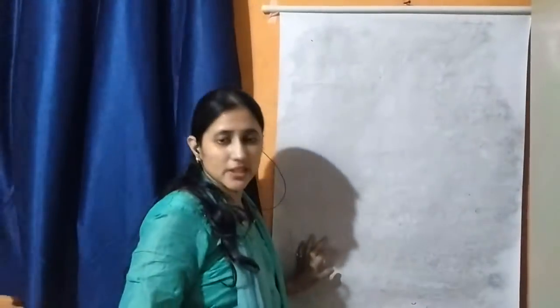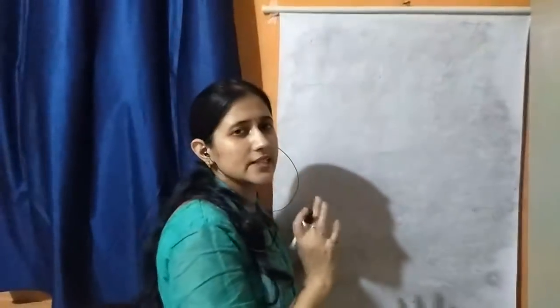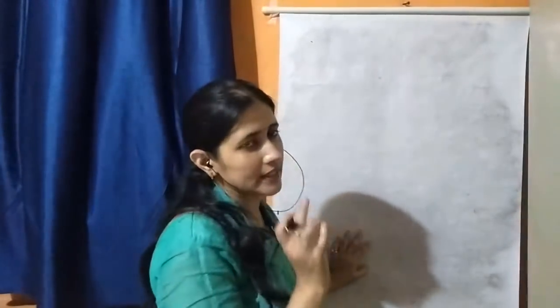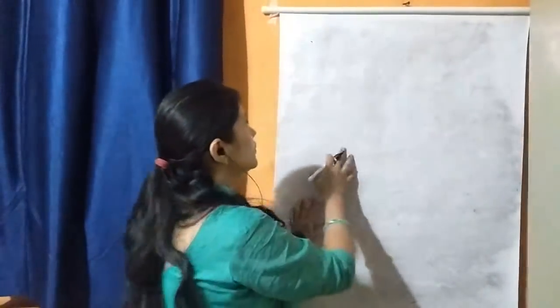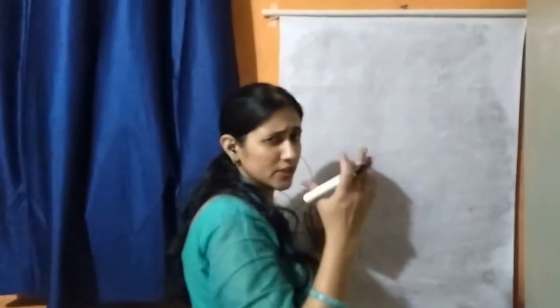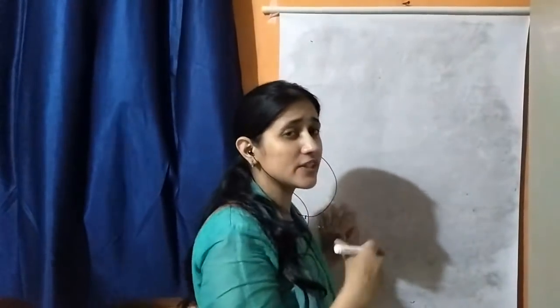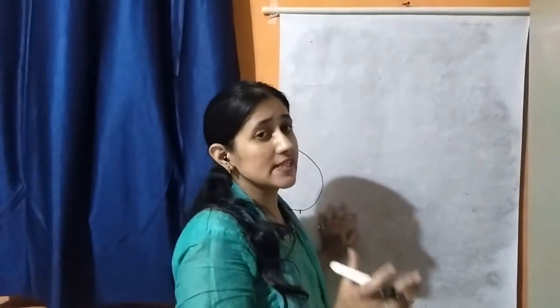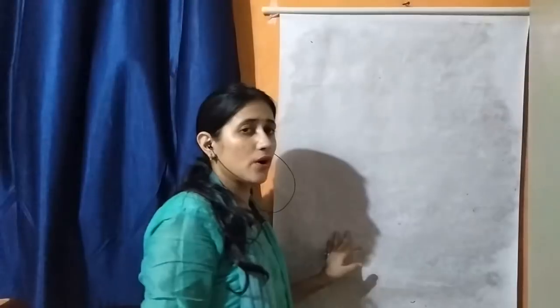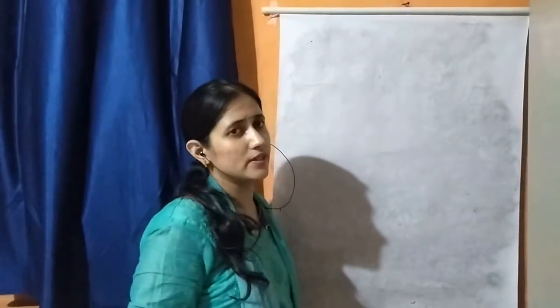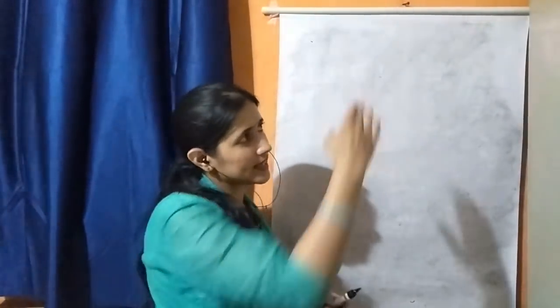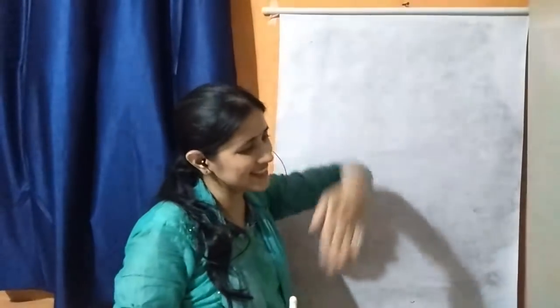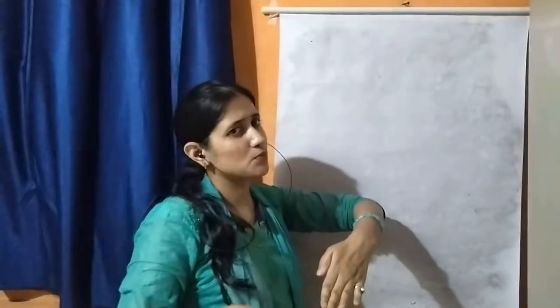We will compare the digits and arrange them in ascending order and in descending order. In the previous video I told you ascending order is arranging the numbers from smallest to greatest, and descending order is arranging the numbers from greatest to smallest.